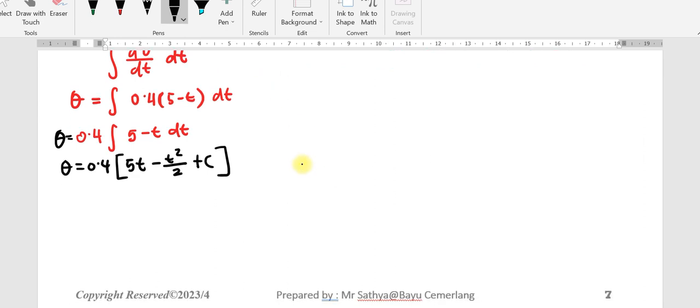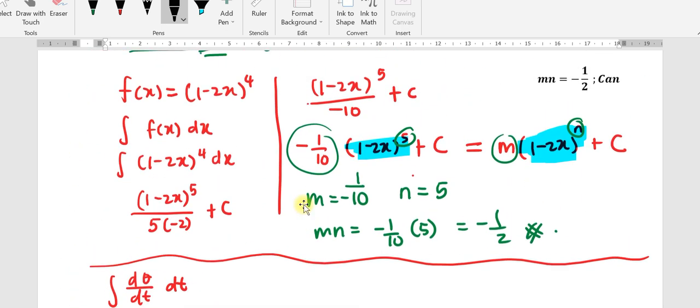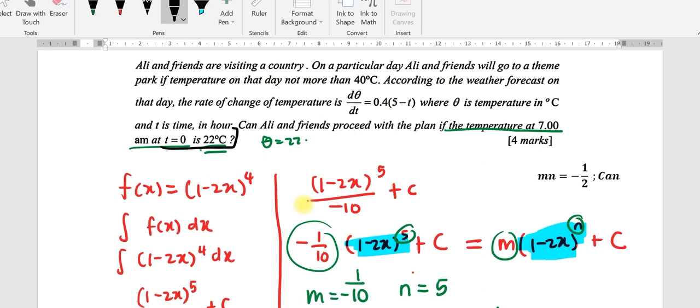Okay, let's see. 0.4 times 5 is 2, so you get 2t minus 0.4 divided by 2, which should be 0.2 t square, plus c. Now they have said that when t equal to 0, your temperature is 22 degrees Celsius.